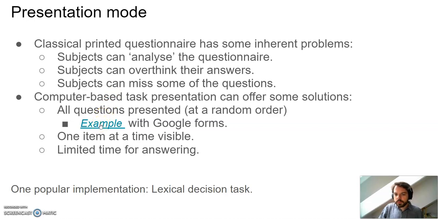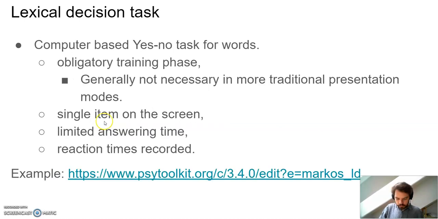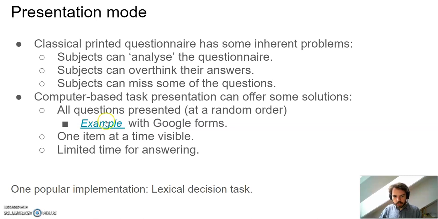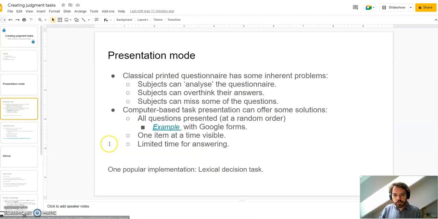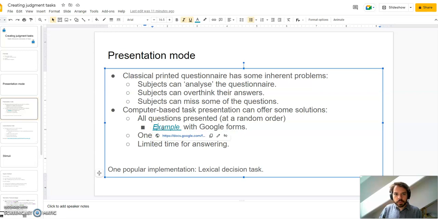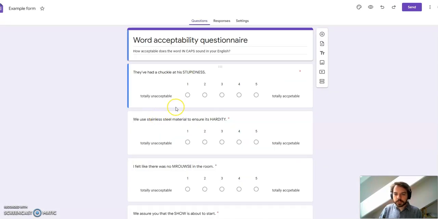So one example from Google Forms, which I'm just assuming is the format that is most commonly used, so most probable to be familiar for you. I'll just open the Google form. There is the link in the presentation. You can just open this same file and copy it and use it for your purposes.